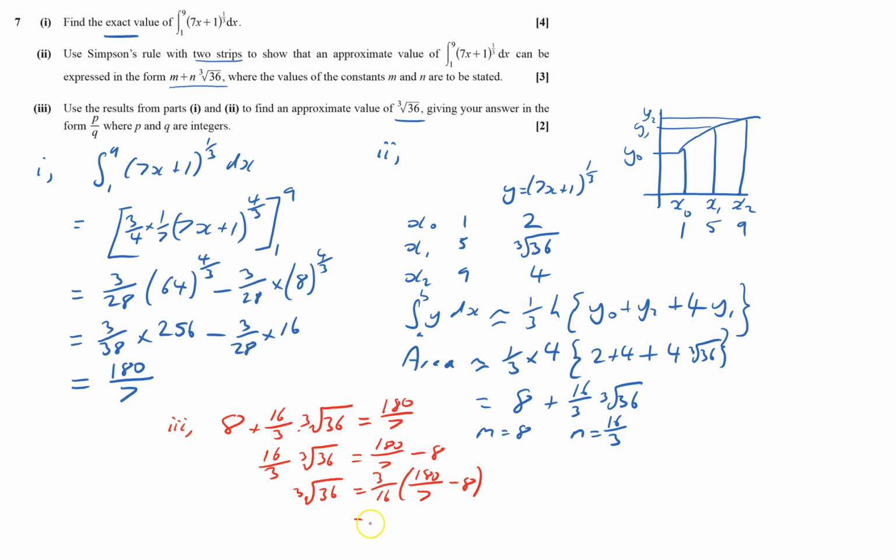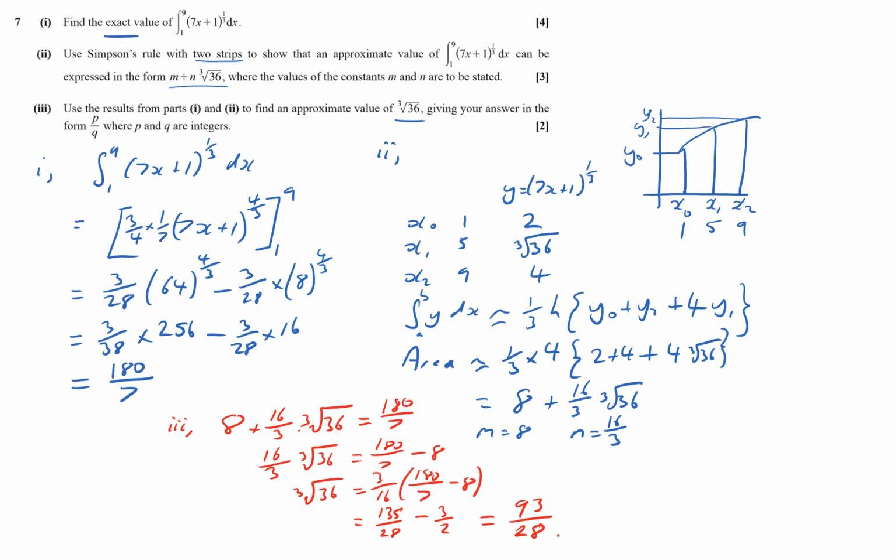And that equals 3/16 of 180 over 7 is 135 over 28, minus 3/16 of 8 is minus 3 over 2. And that equals, on my calculator, 93 over 28.